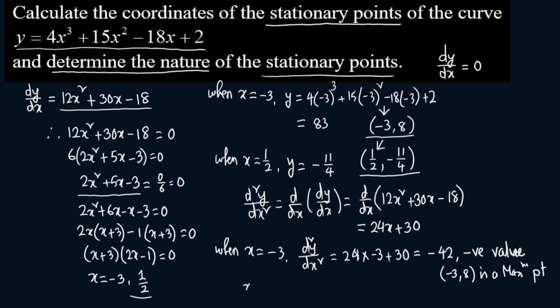Now we are going to put x equals half, and what is our d squared y by dx squared value? It gives us 24 into half plus 30. Clearly it gives a positive value, because positive 42 we got from there.